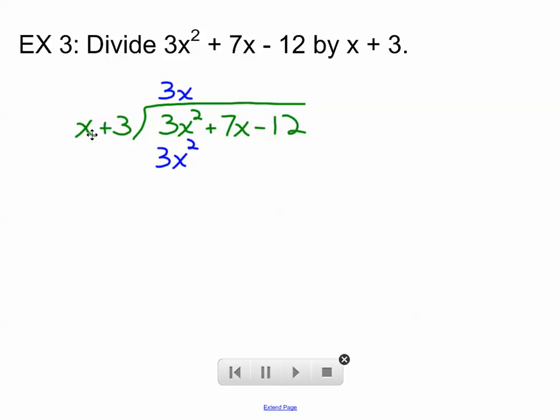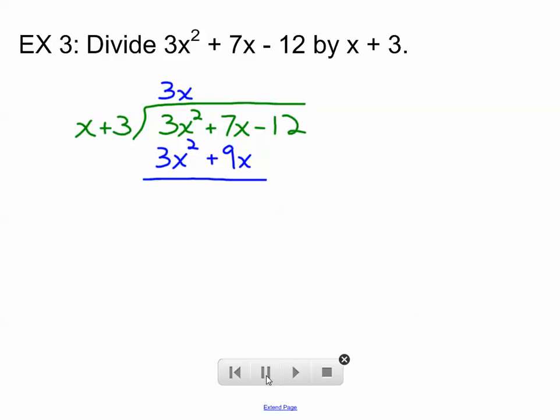So 3x times x is 3x squared, and we continue: 3x times 3 is 9x. So we take this 3x and multiply it by the x plus 3: 3x squared plus 9x. Now we subtract these polynomials.